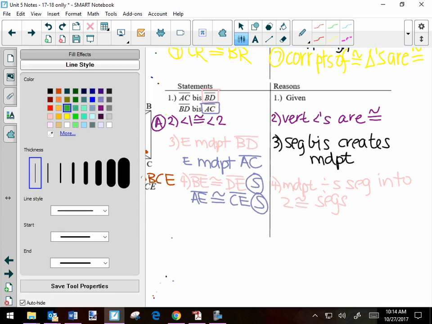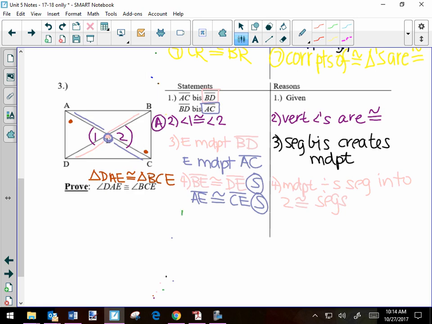So when I write in my proof that those triangles are congruent, I'm going to put triangle DAE is congruent to triangle BCE. And my reason for why they're congruent is side angle side. Side angle side, there is 1 set of angles between the sides for each triangle.